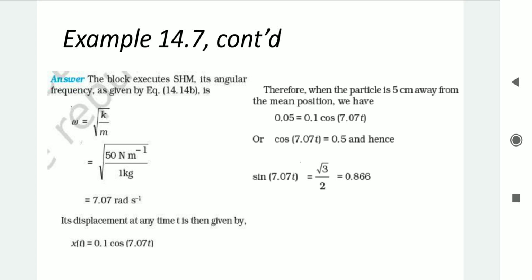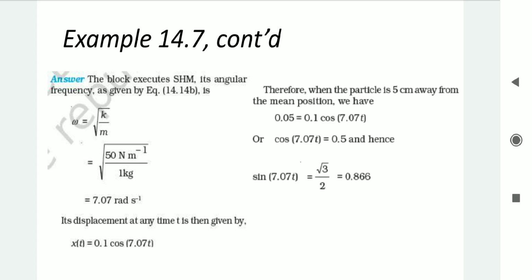Now, let us calculate its velocity at x equal to 5 centimeter. We have the velocity equation v of t equals minus omega A sin omega t. And sin omega t, which we have already calculated, is root 3 by 2.